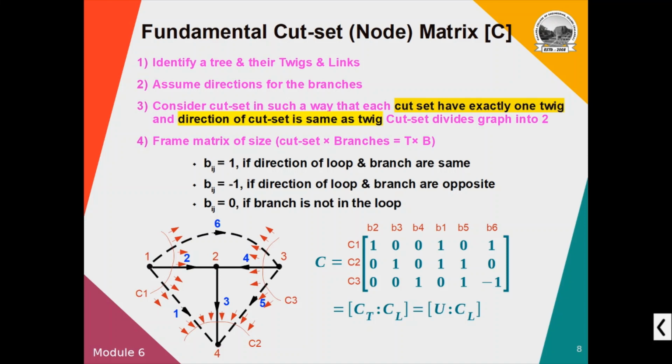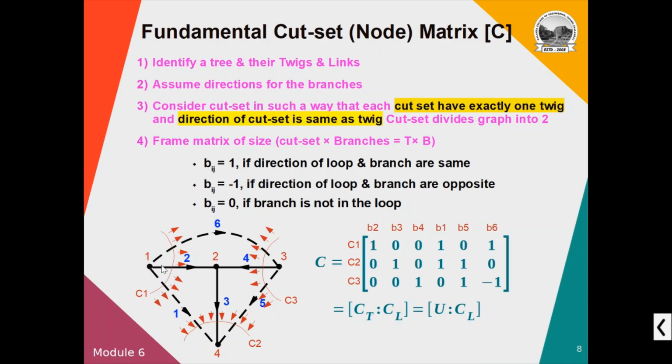But how should the cut set be? The cut set should have only one twig in it. You have to divide the graph into two, but you should have only one twig associated with that particular cut set. For example, if I am taking this C1, it is dividing the graph into two, right?